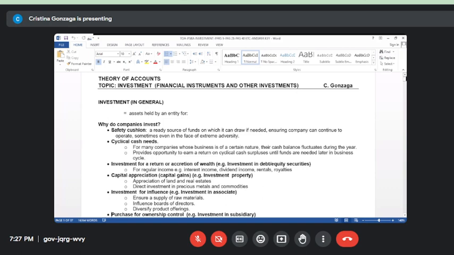It may be for safety caution because investment is a ready source of funds which can be withdrawn, if needed. Okay? Thus ensuring a company can continue to operate, sometimes even in the face of extreme adversity. Sabi nga natin, kung meron tayong isinuksok, meron tayong dudukutin.